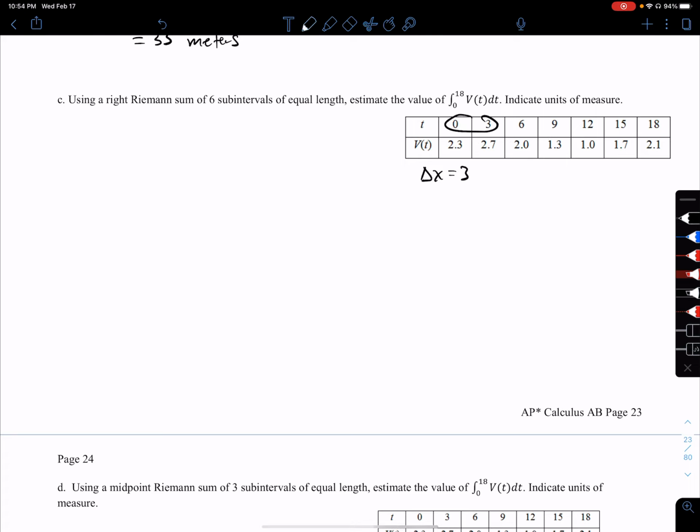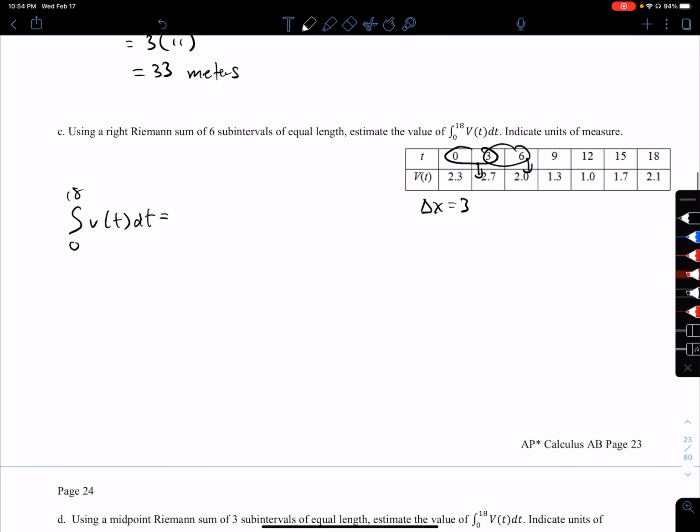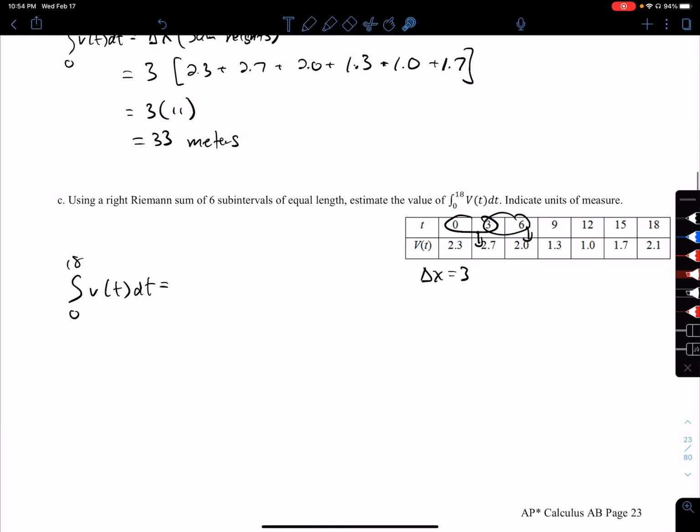We're using these two together, it's to the right. And these two together, to the right. So integrating the velocity from 0 to 18, I'll write this one the opposite way that I wrote the last one. So we got 3 times 2.7.